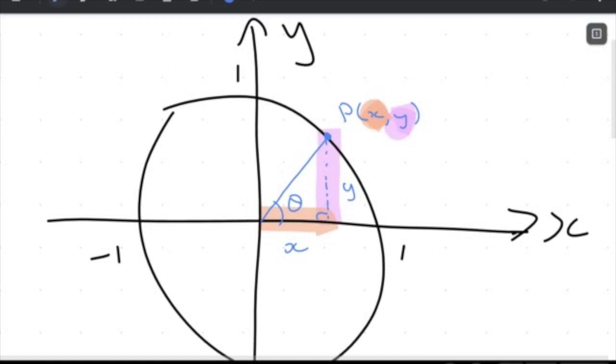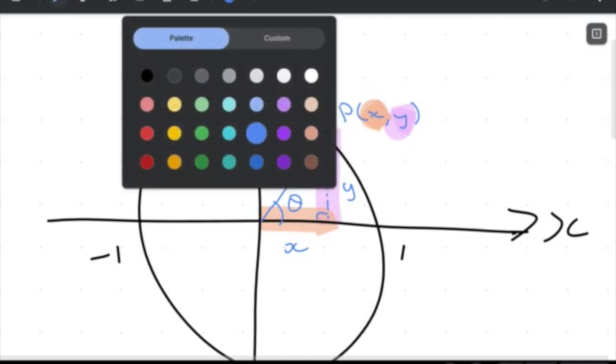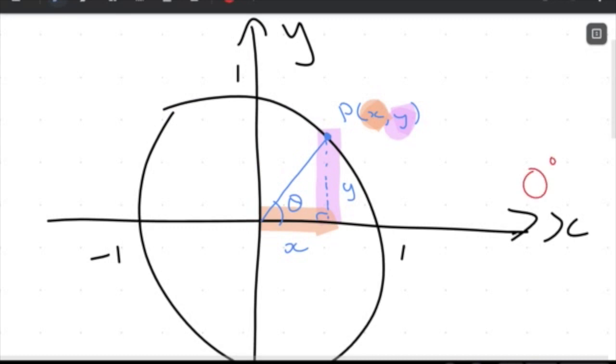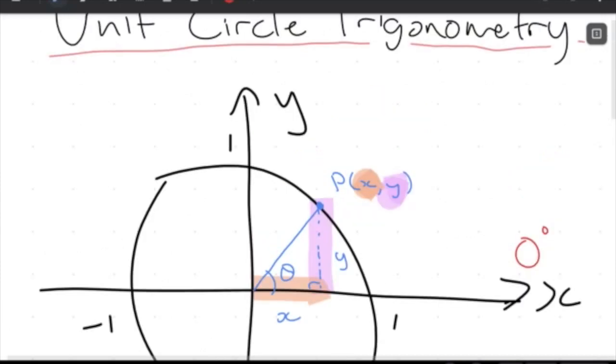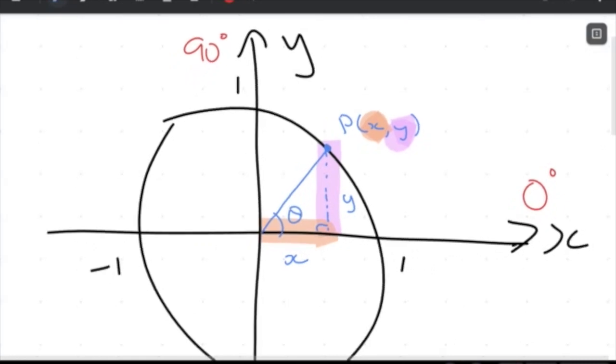Now, if you remember from the previous video, we start at 0 degrees here, where the positive x-axis is, and our angles go out from here. I've got some angle theta, and as my angle gets bigger, I'm going to get to 90 degrees where my y-axis is.